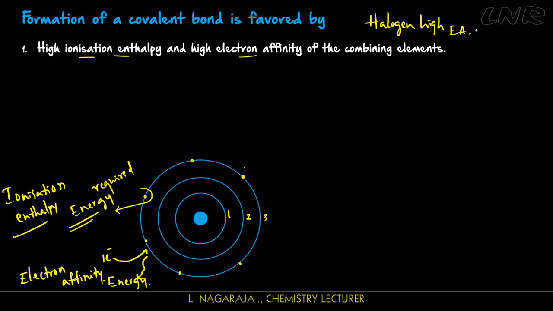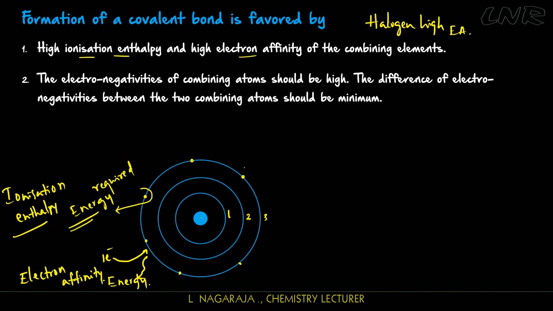And the next point, that is electronegativities. The electronegativity is nothing but the capacity or ability of an atom to attract the electron, right? So this affinity is generally called electronegativity.